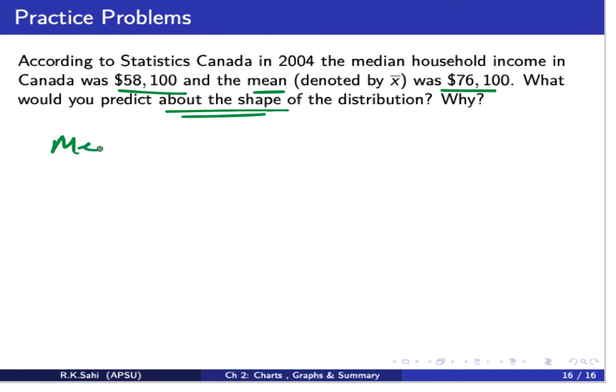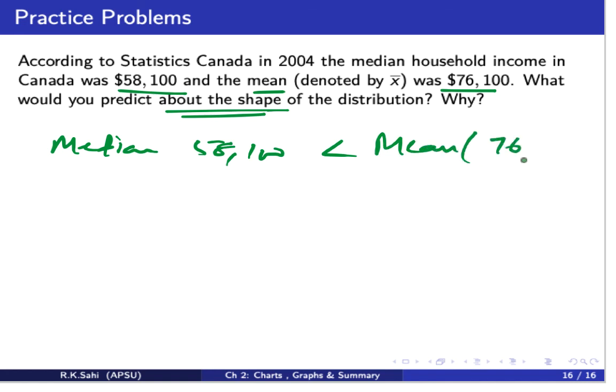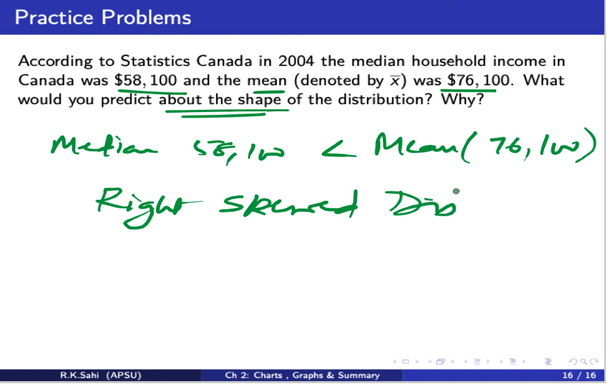Notice the median is 58,100, which is definitely less than the mean, which is 76,100. So what we have learned is that if the median is less than the mean in our observations, this is a right skewed distribution.